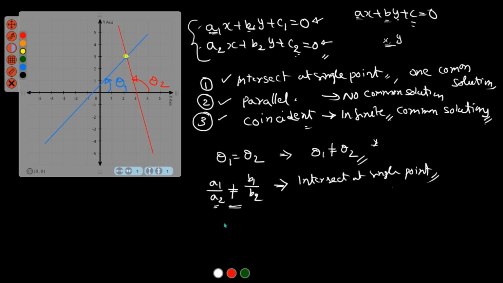So let's take another case, where a1 by a2 is equal to b1 by b2. That means both equations have the same slope, that means the same angle. That means the lines are either parallel or coincident.